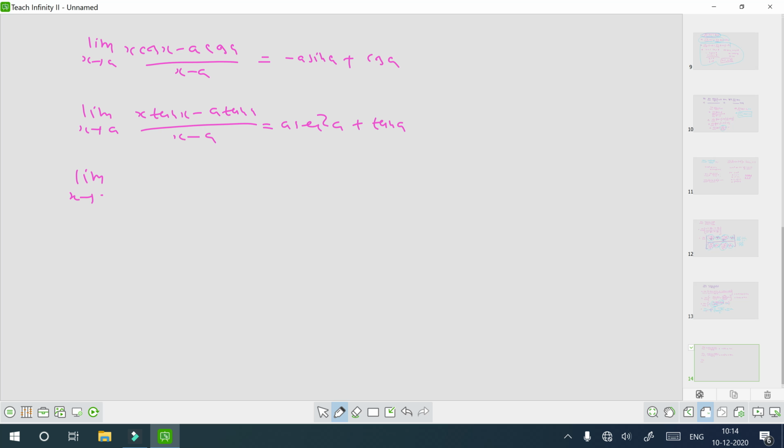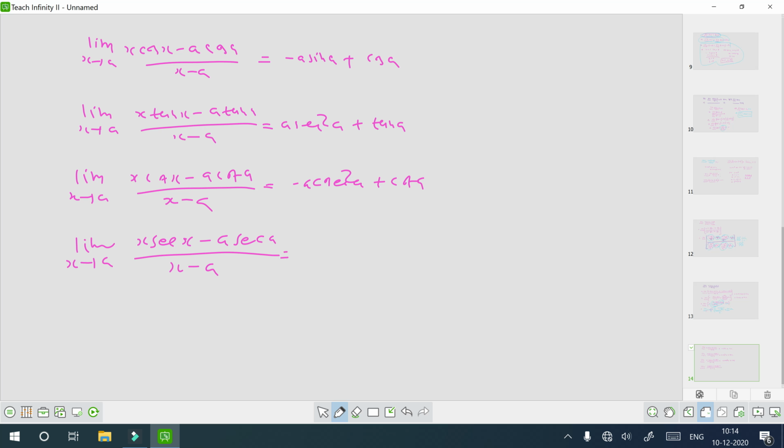Limit x tends to a, x cot x minus a cot a over x minus a is equal to minus a cosec square a plus cot a. Limit x tends to a, x sec x minus a sec a over x minus a is equal to a sec a tan a plus sec a.